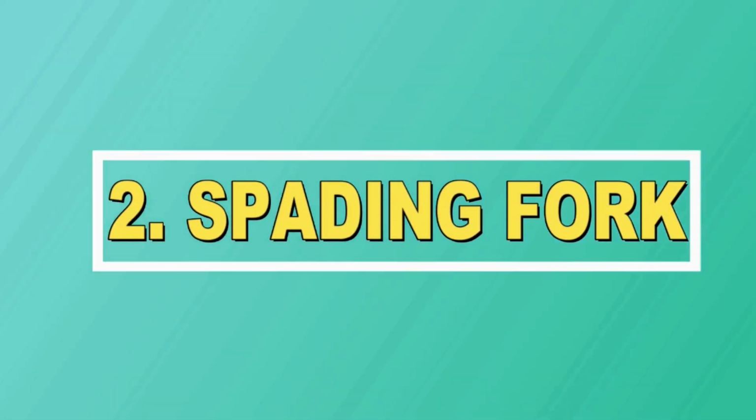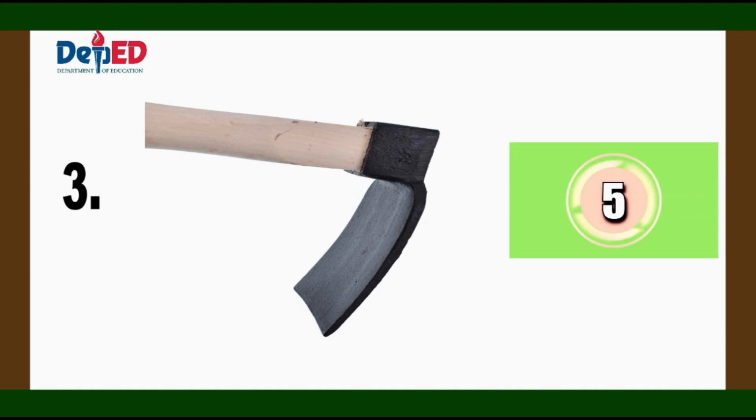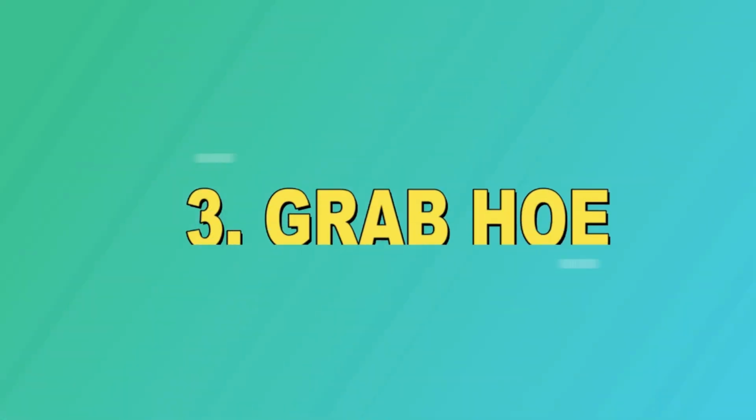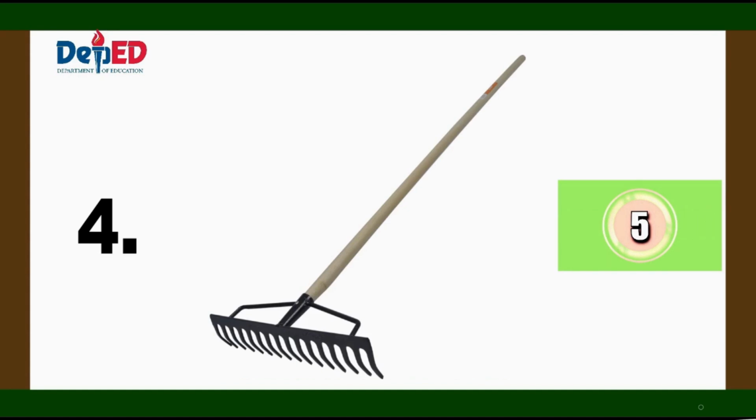The answer is spading fork. The answer is grub hoe. The answer is rake.